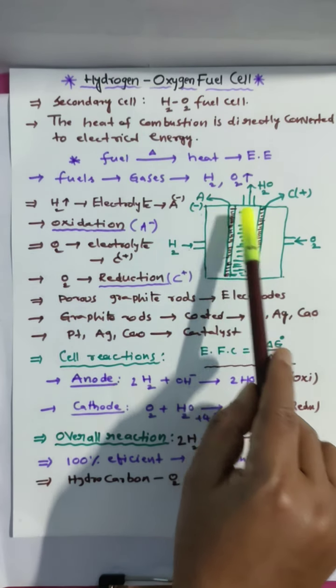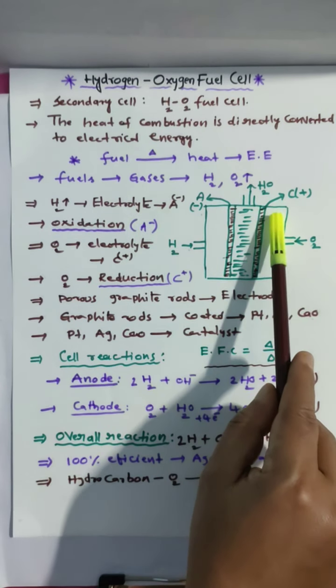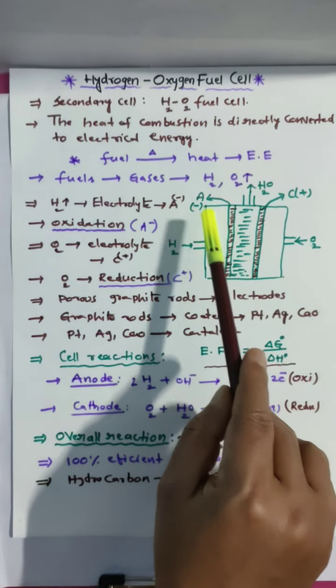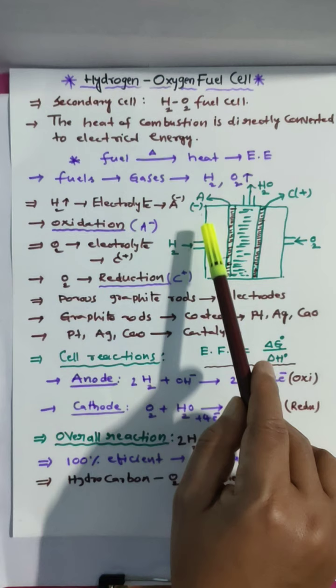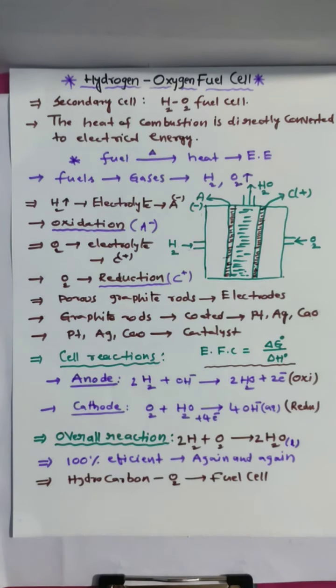These electrons move towards cathode, where we have the positive charge. So in electrolytic cells, anode negative, cathode is positive. Normally anode is positive, cathode is negative. This is about hydrogen oxygen fuel cells. Thank you.